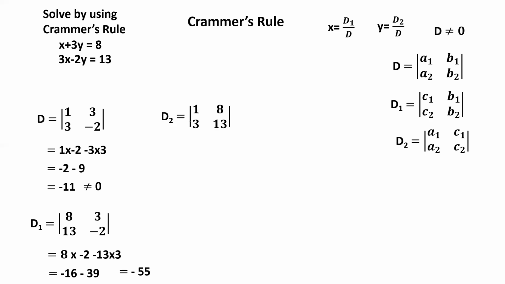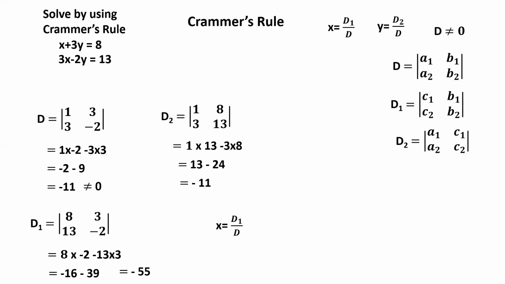Let's get d2. I told you we should replace b1 and b2, that is 3, minus 2, by the constants 8 and 13. The determinant is 1 times 13 minus 3 times 8, which is 13 minus 24, equal to minus 11.